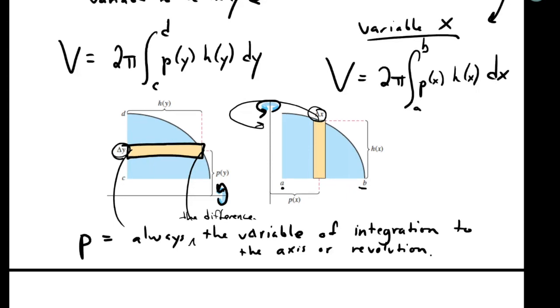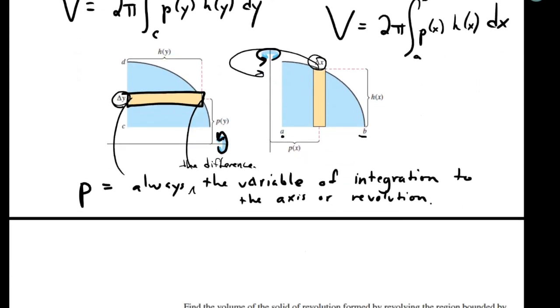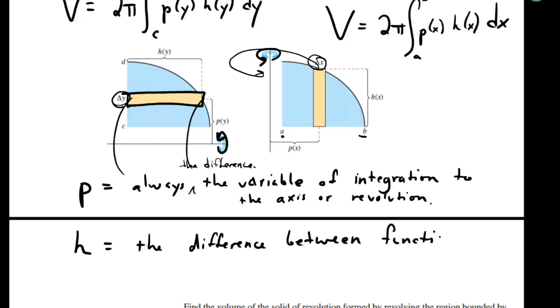So just keep in mind, it's always top minus bottom, right minus left. H is always the difference between your functions. Again, top minus bottom, right minus left rule in play.